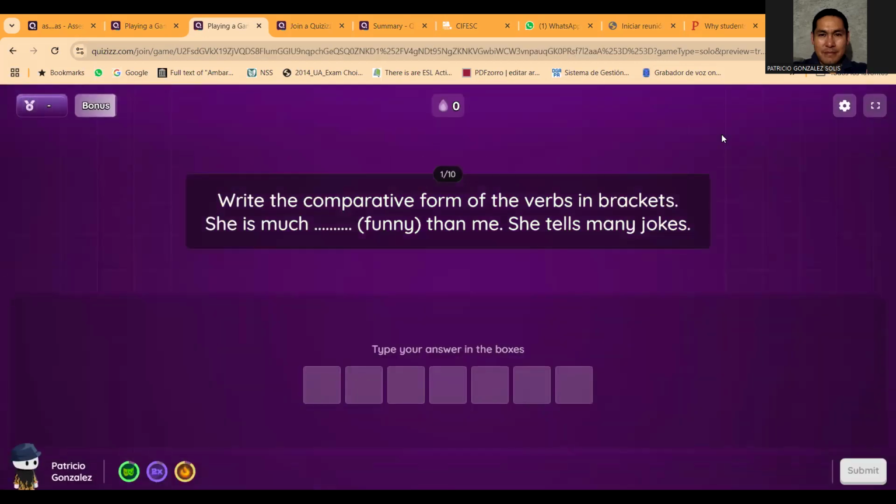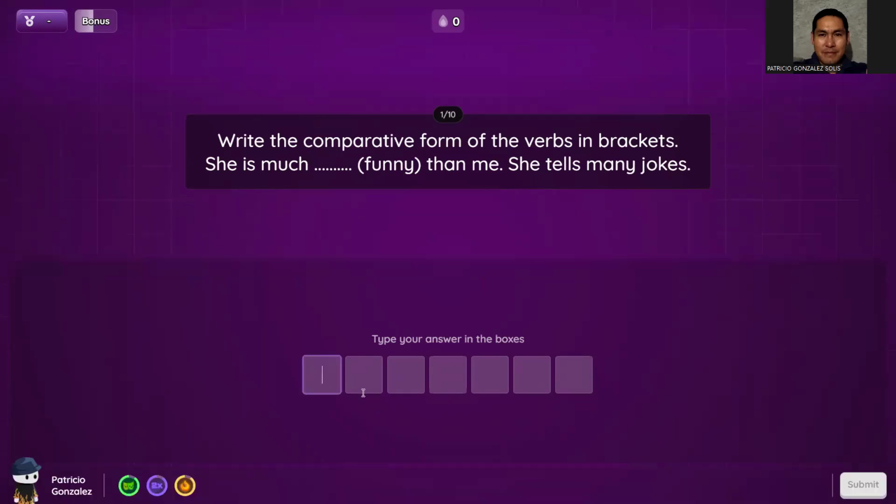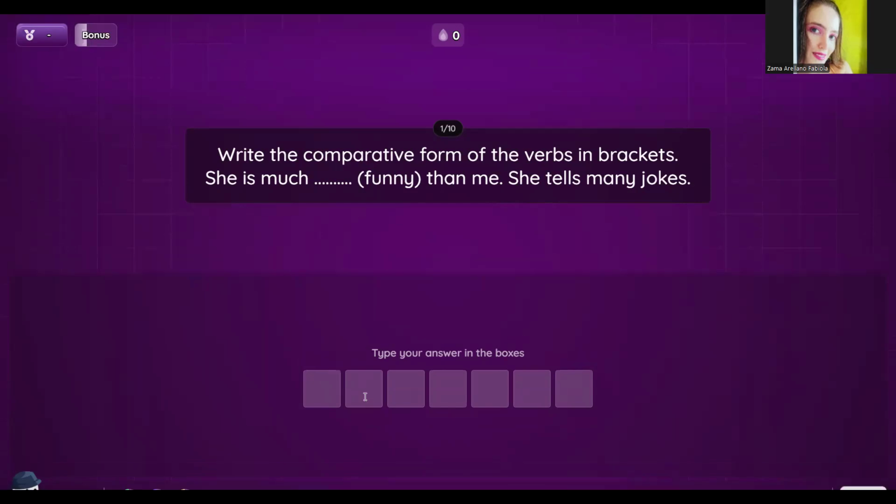Yeah, here we go. My dear Fabi, read and complete. Write the comparative form of the adjectives in brackets. She is much funnier than me.